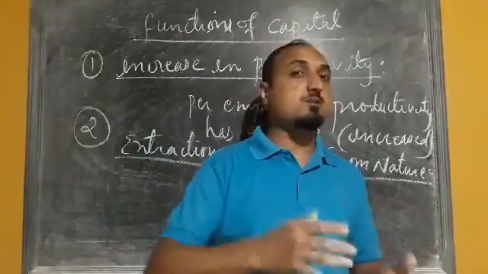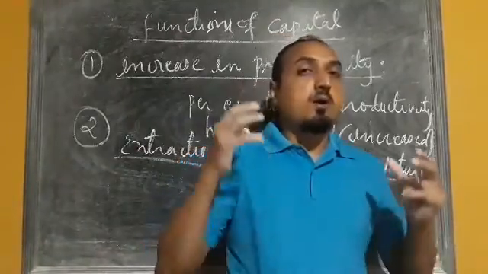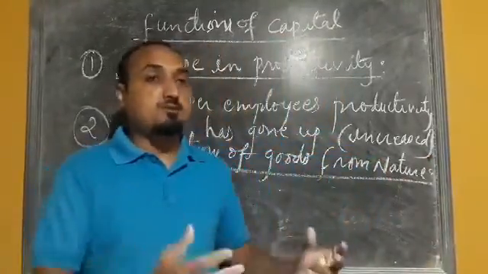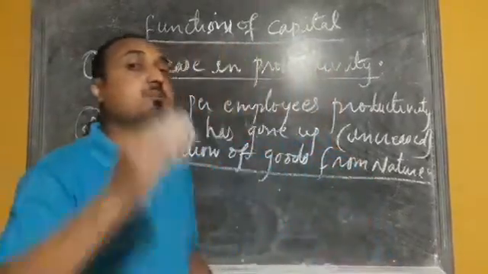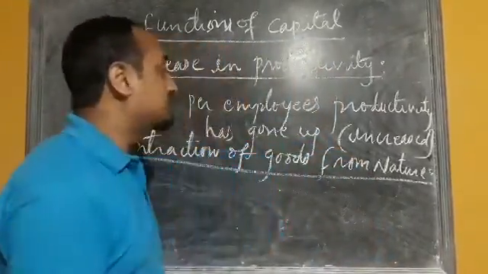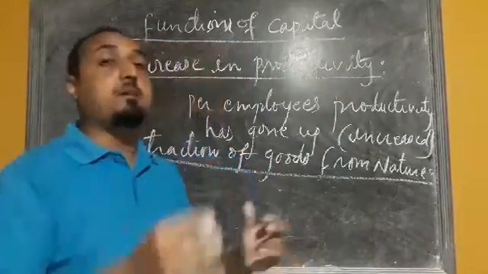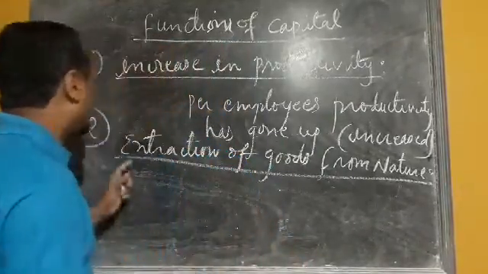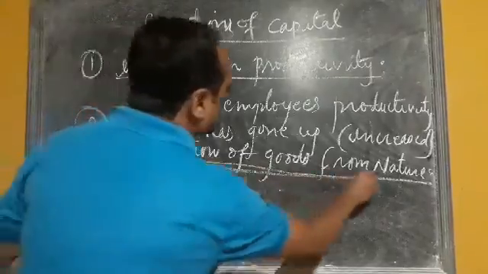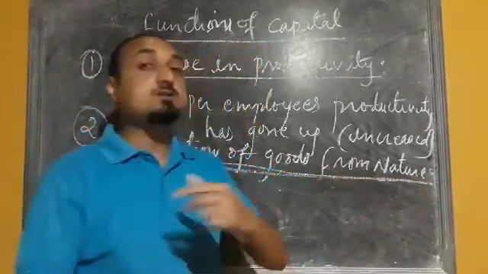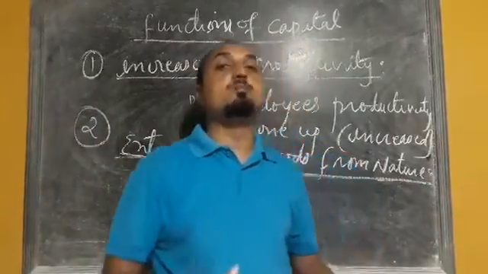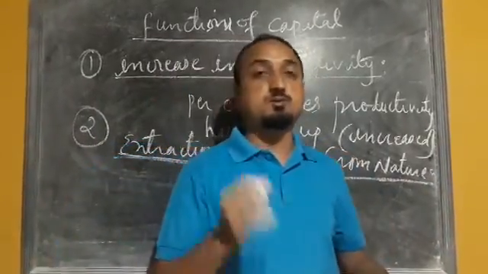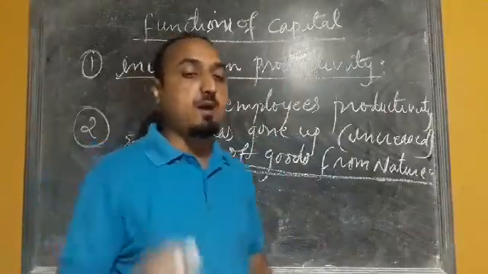We have seen in the case of mining also. So fishing and extraction of different types of mineral resources from earth has become easier due to the introduction or use of that machinery or capital. So that is called extraction of goods from nature. So the process has become more convenient, more easier due to use of that machinery or equipment. So this is also one of the important functions of capital.